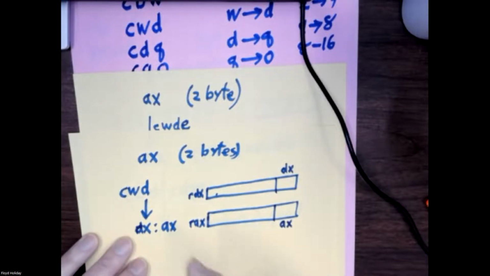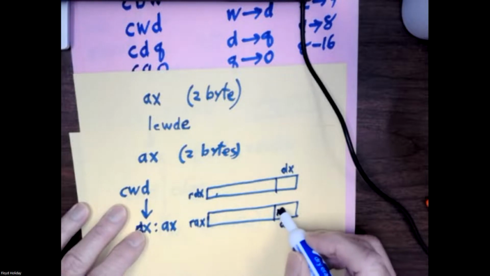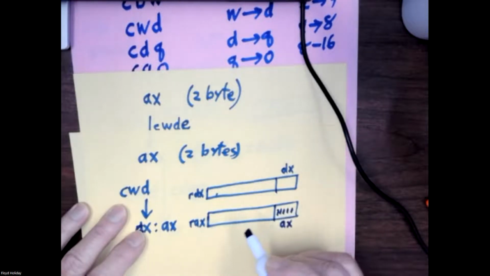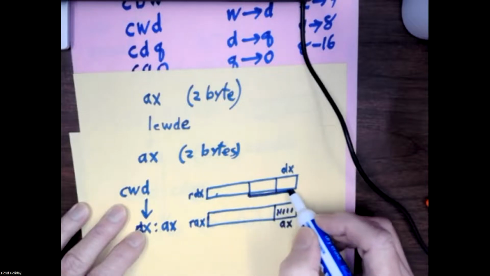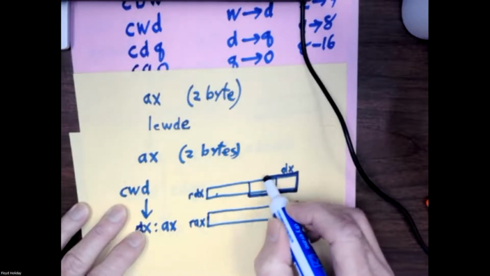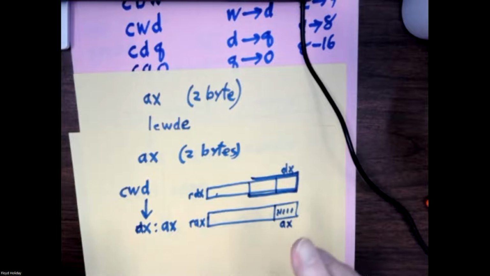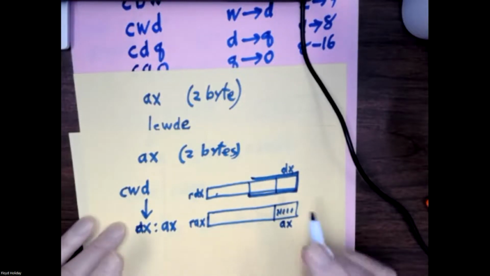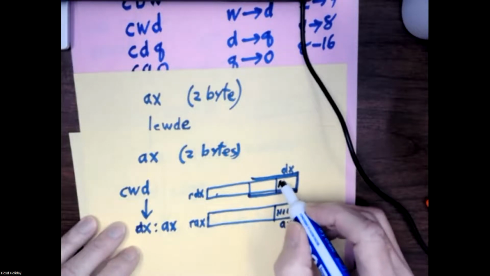So when you do this command, CWD, it extends it from here, and the extra part goes in here.